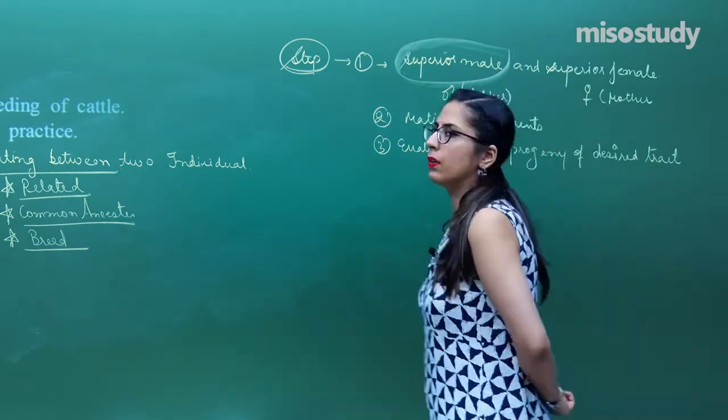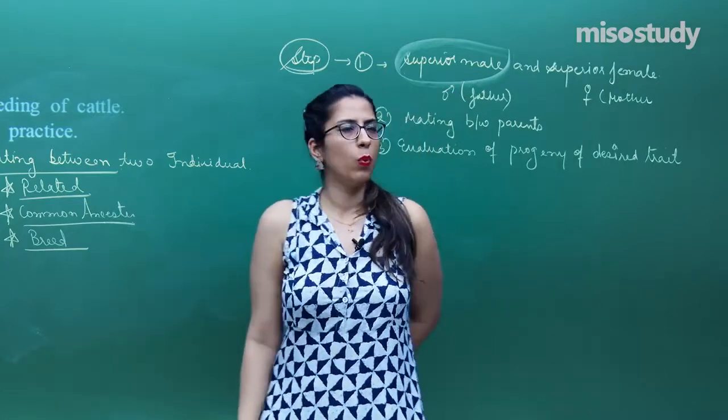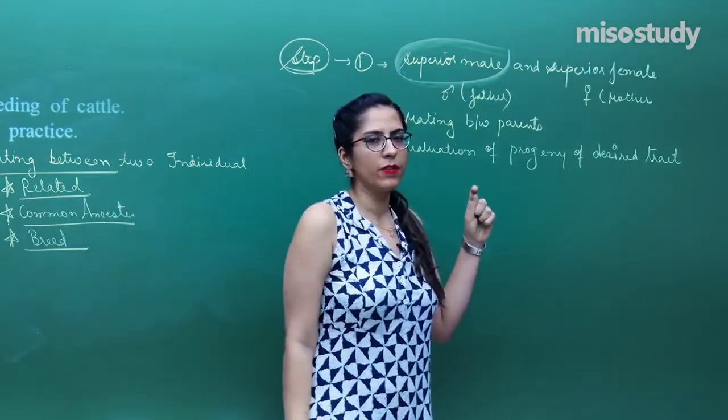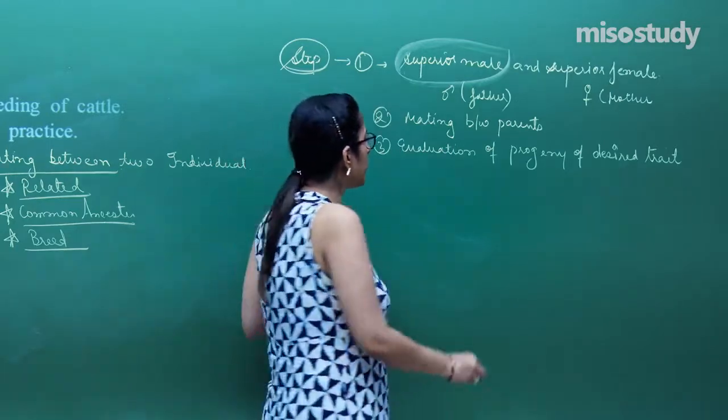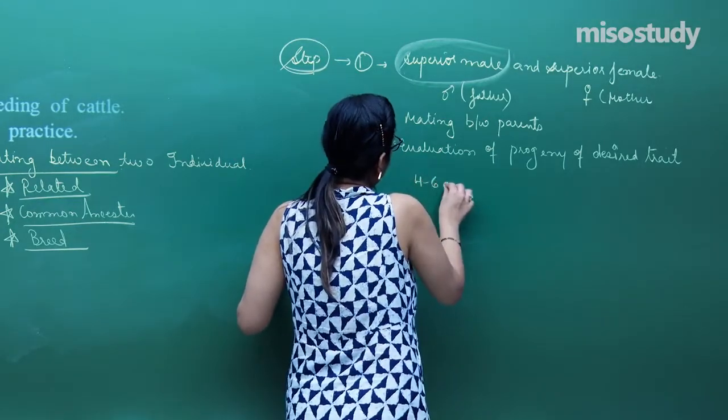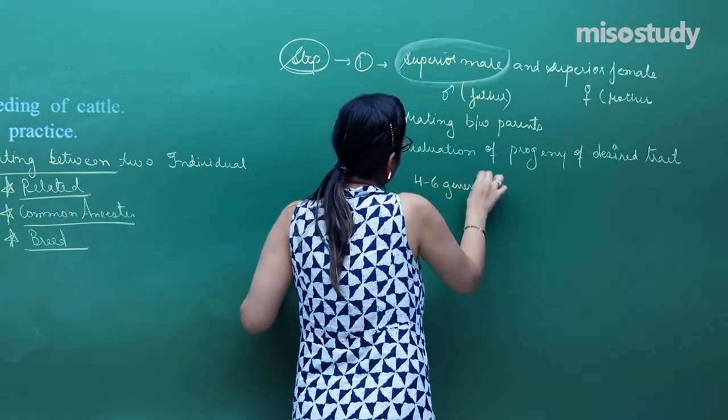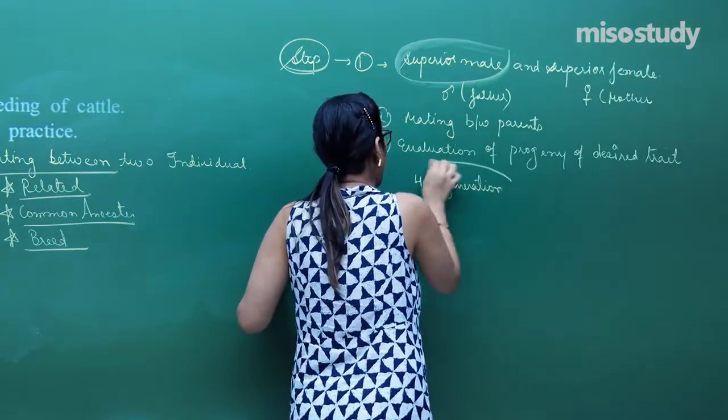Now in this case, whatever progeny we are getting will be allowed to undergo mating for 4 to 6 generations.